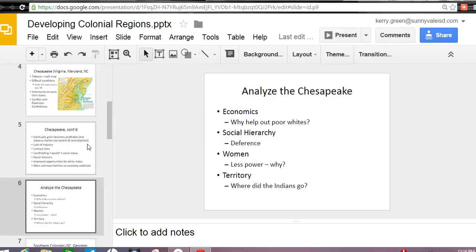Women will begin to have less power, because as the family unit stabilizes, as the government stabilizes, as more women come in, women are less rare, which is going to mean that women don't typically get the chance to choose who their husbands are going to be.